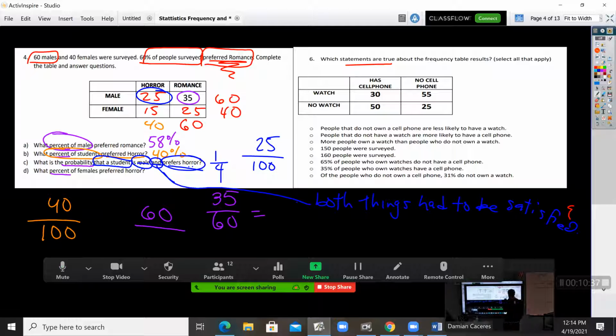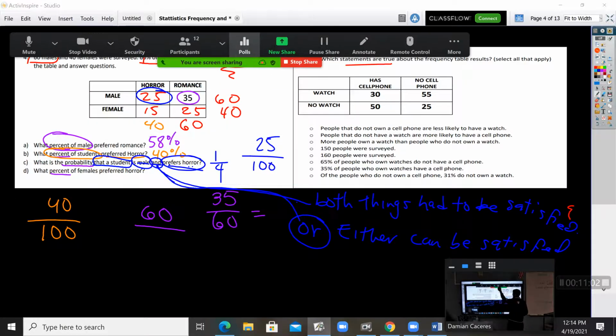But if it says or instead of and, now your answer is going to become a lot larger, because either one can be satisfied. What does that mean? That means that if you're a male, you're satisfied, you have to be included. And if you prefer horror, you have to be included.